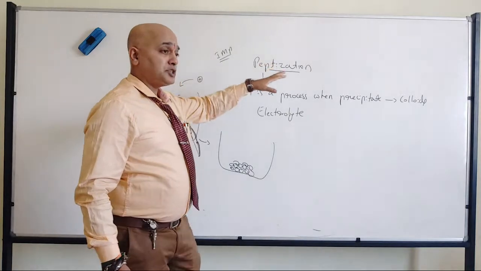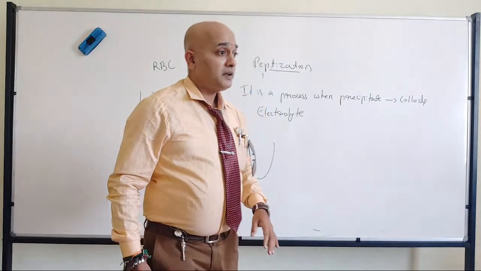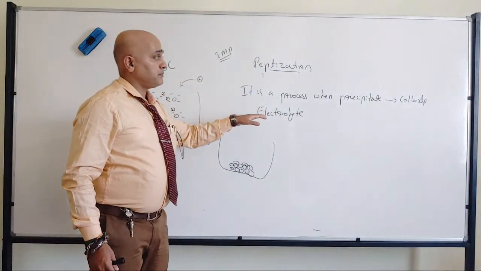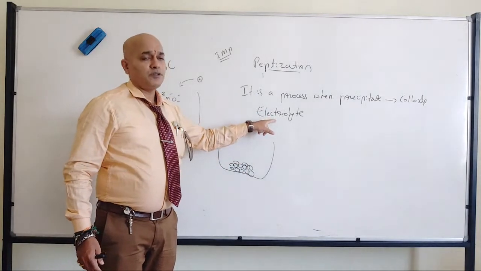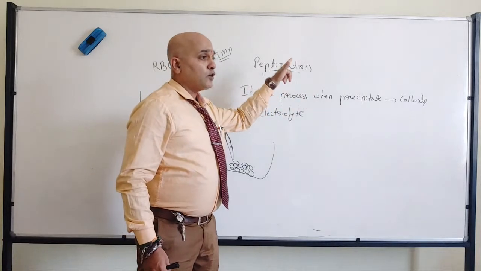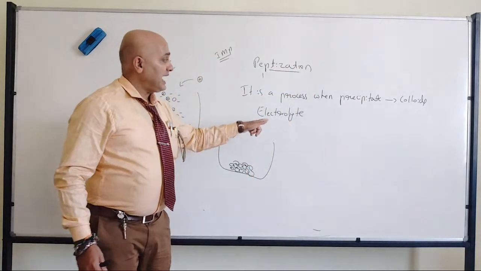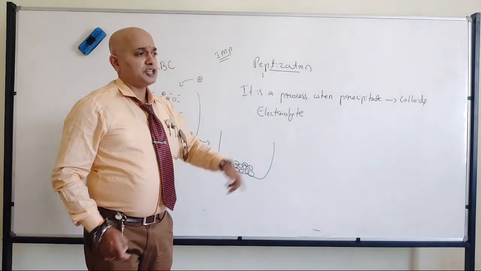What is peptization? Peptization is a method for the preparation of colloid by dispersing the precipitate by adding the electrolyte. That is conversion of a precipitate into a colloidal solution by adding the electrolyte.